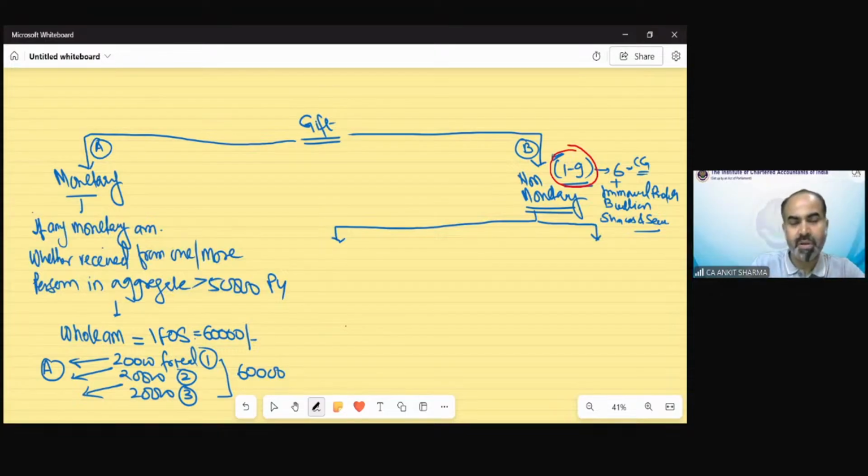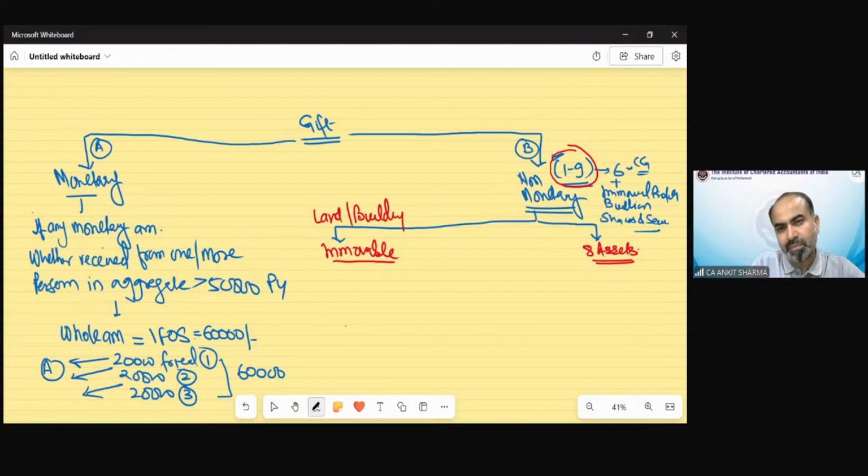Understood? Very good. So among these 9 assets, the immovable property provision has been separated from the other 8 assets. All other assets' provisions are the same, but immovable property, that means land or building or both, is separate.